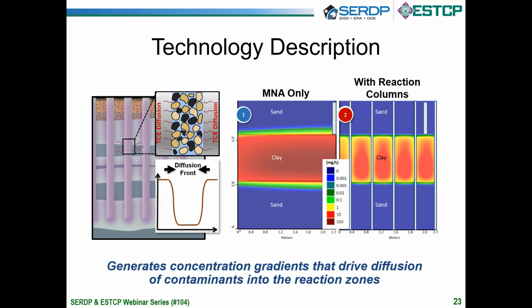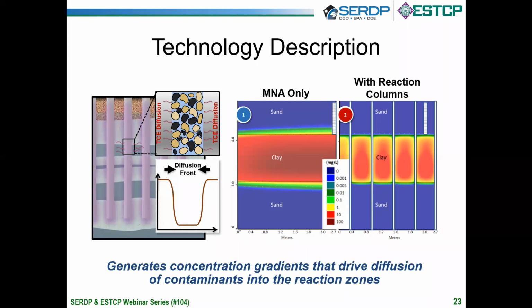Whereas when we installed these zero concentration or low concentration zones at 2 foot center spacing, we were seeing significant reductions in TCE. You can see that red starts to turn to orange and turns to yellow. So we're changing that concentration gradient, driving transformation of TCE from the clay and reducing concentration that we would see in any down gradient wells.